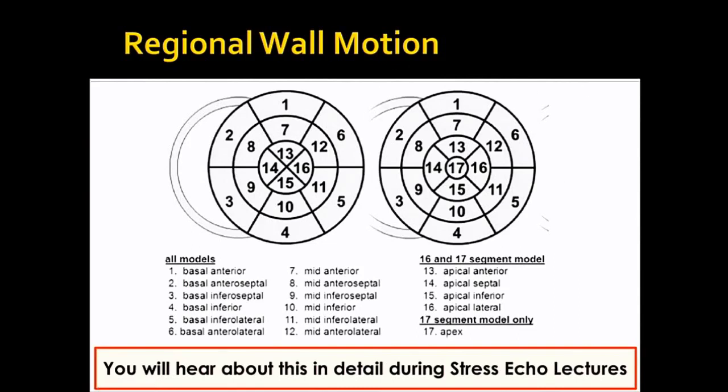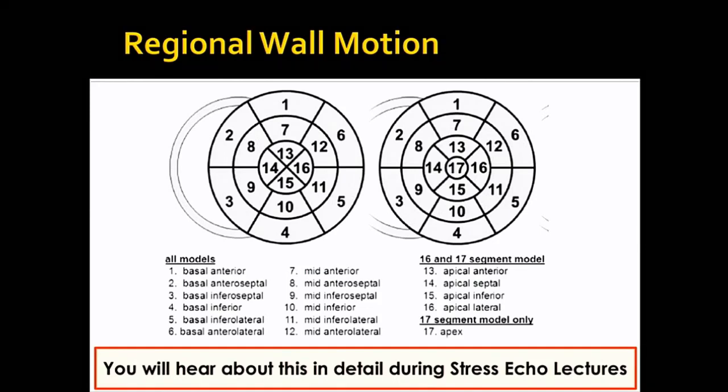It is important to commit to memory the orientation of the various segments, both the basal segments, the middle segments, and the apical segments, including that 17th or apical cap, and what their logistical names are based on the ASE criteria.